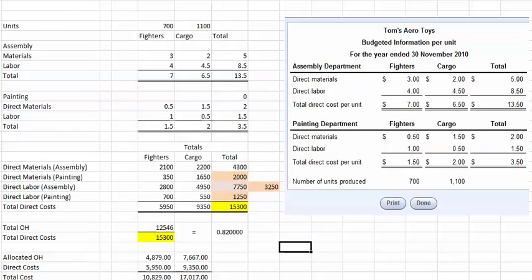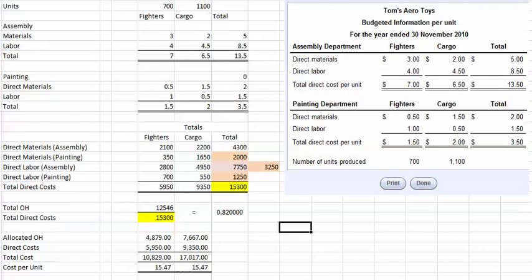Using our plant-wide predetermined overhead rate, overhead is applied on the basis of total direct cost. That's both direct materials and labor. We're given the per unit amounts for the assembly department for materials and labor, and for the painting department, and the number of units produced.